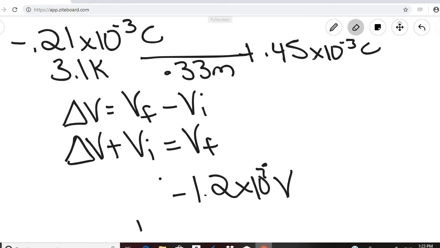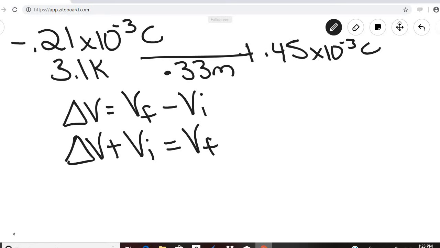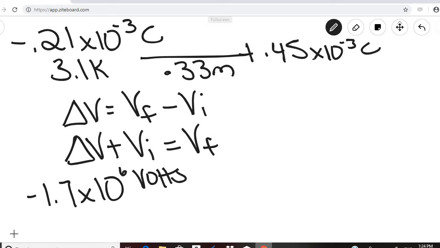We calculated delta V as negative 1.7 times 10 to the 6 volts, and we will add to that the VI that we calculated, which was 1.2 times 10 to the 7 volts.